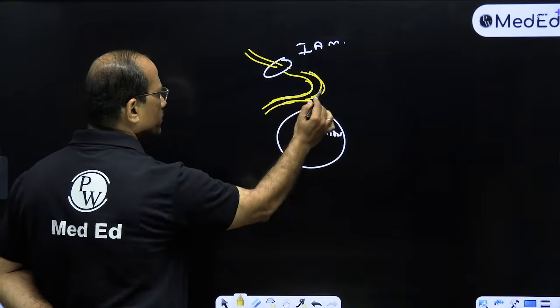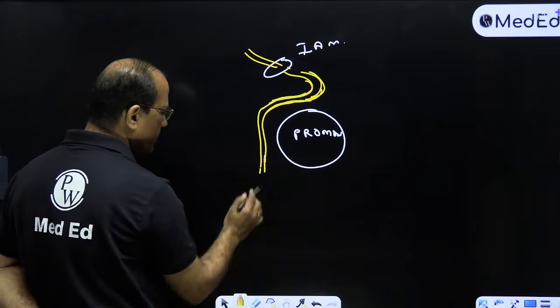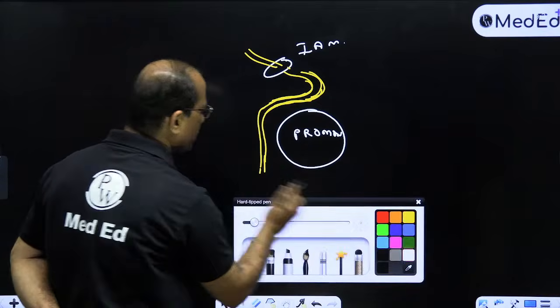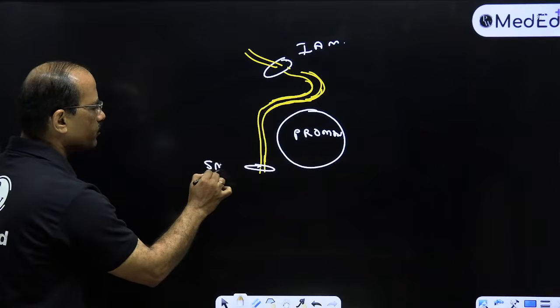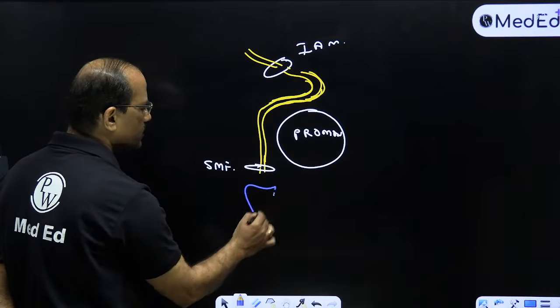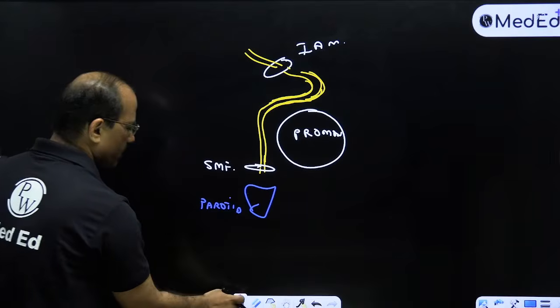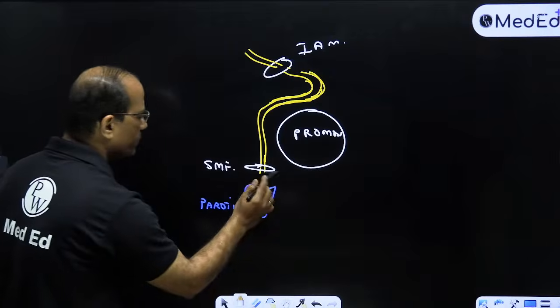The facial nerve goes above the promontory, goes behind the promontory, and now gets out through the stylomastoid foramen. Enters into the parotid gland, and now gives 5 branches.